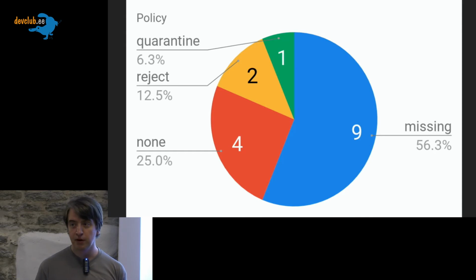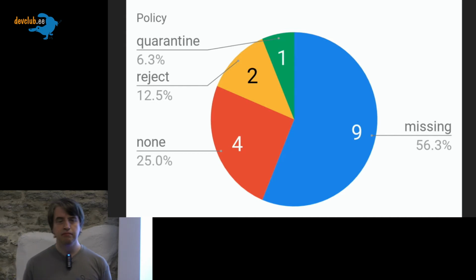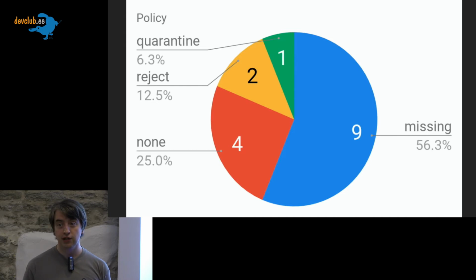Don't even show it in the spam folder. And 1 domain said, okay, maybe it's bad that the signature got broken, but maybe it was Outlook.com who forwarded to some other inbox, so let's put that into quarantine. Or differently saying, into the spam folder, and let the end user decide what to do next.